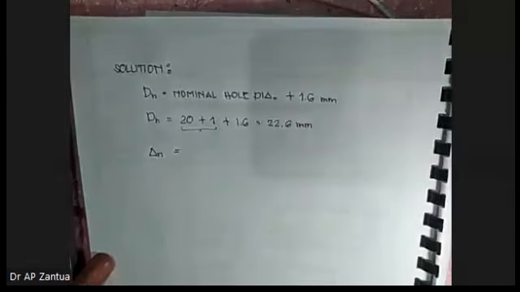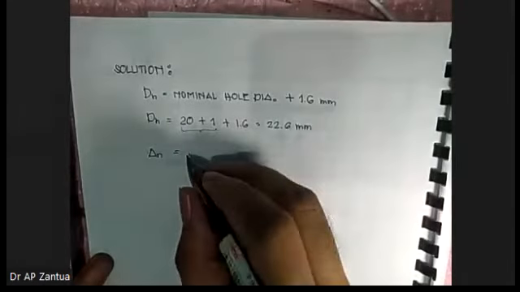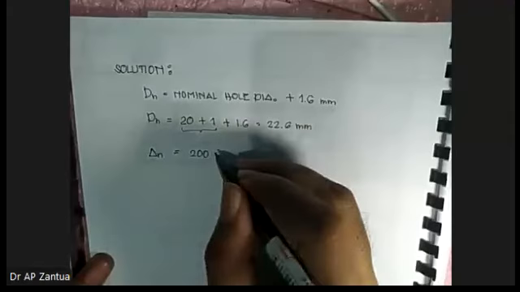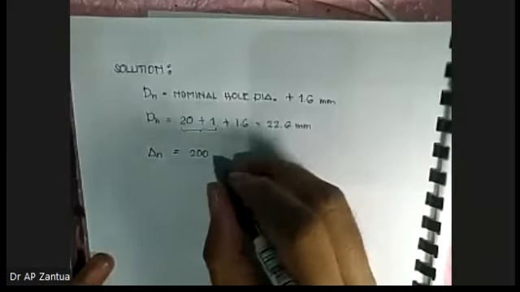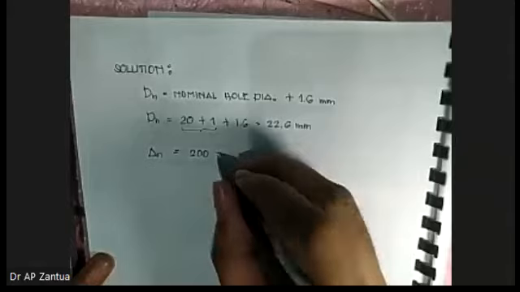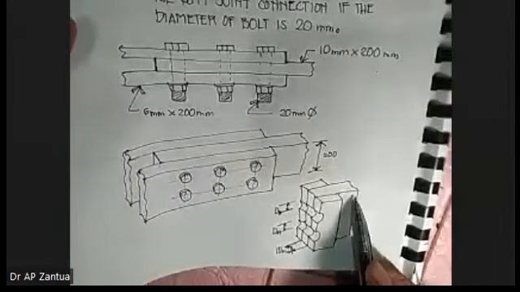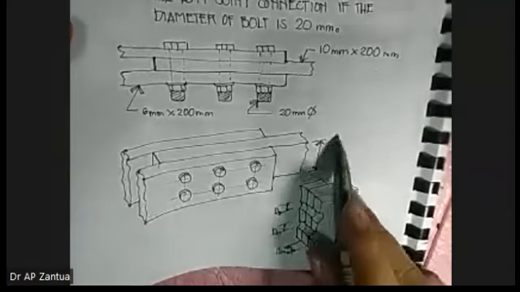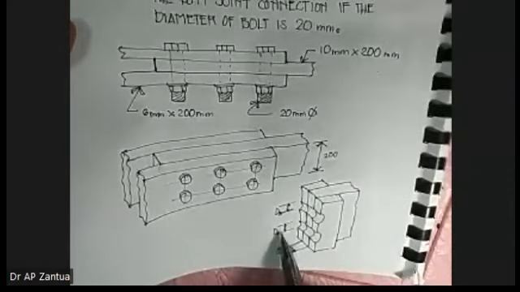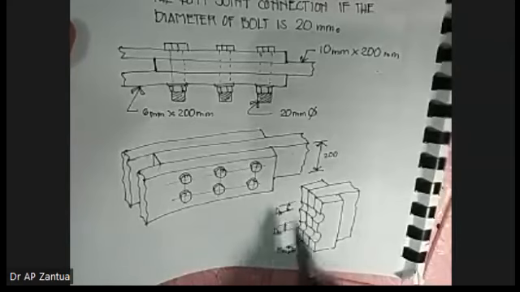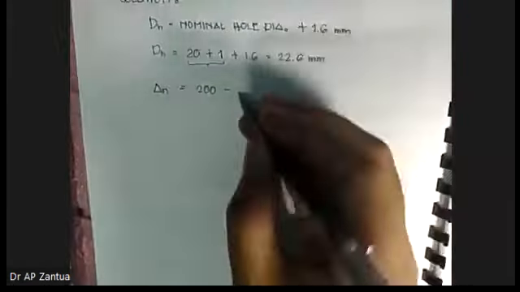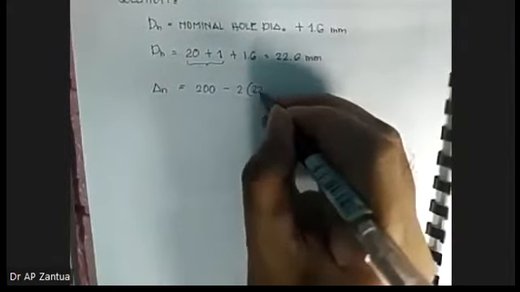Okay, so therefore, when you are looking for the net area, it's equal to what? 200, the length is 200 mm, minus 2 times dn or dh. You can see from this point to this point, this is 200. 200 minus 2 times 22.6.